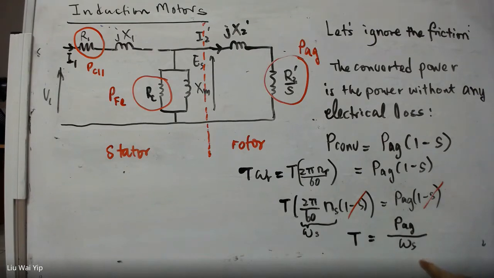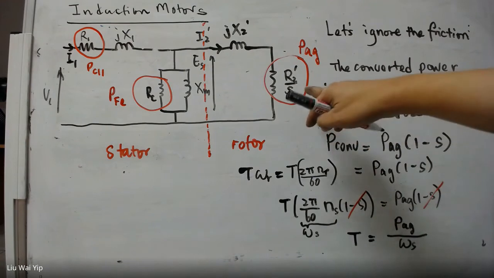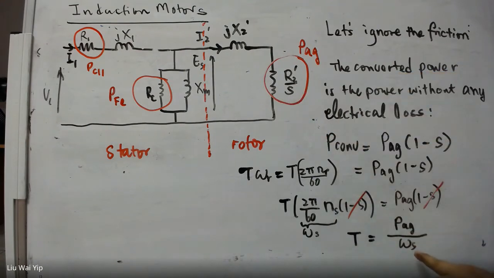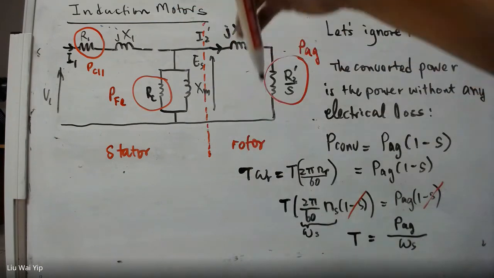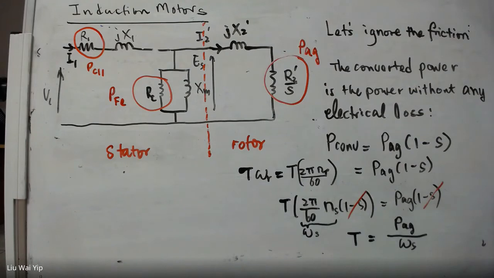And from here, we also know that the air gap power is dependent on the slip, and the rotating angular velocity of the magnetic field is dependent on the frequency and the number of poles in the motor.